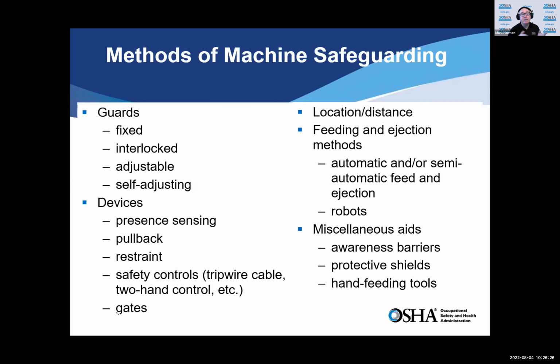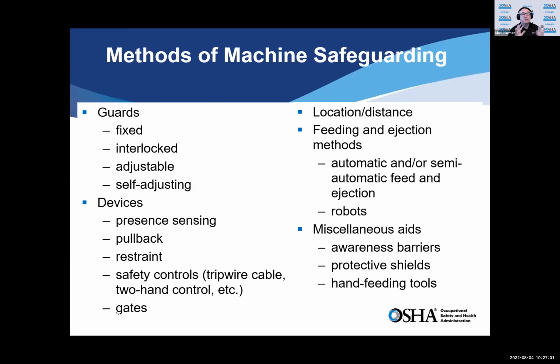So present sensing is something people should consider if a guard, whether fixed or adjustable, is maybe not applicable. Other devices, pullbacks and restraints. Pullbacks, as they're titled, pull back the employee's hands as they load the machine, and when the machine cycles, it pulls their hands back so that they're not in the point of operation.